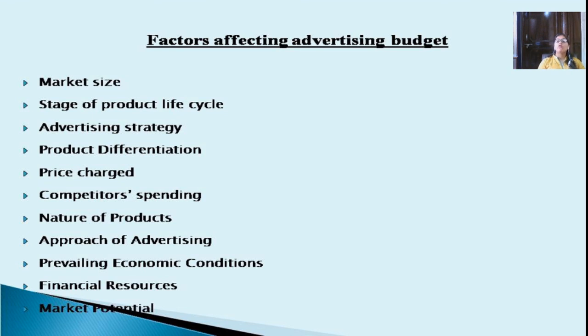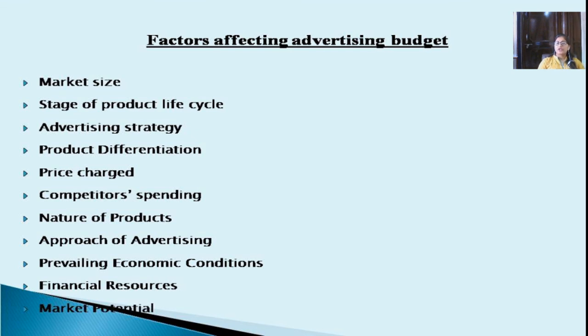But what kind of customers we want to approach, these factors also matter while deciding advertising budget. Then is prevailing economic conditions. What are the economic conditions prevailing in the market? Is it boom or depression? Accordingly budget is affected.